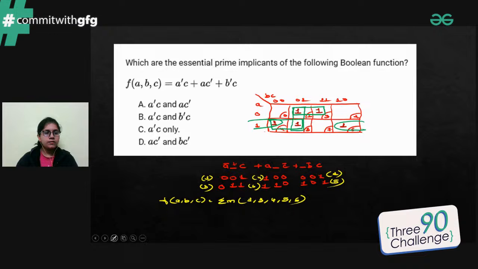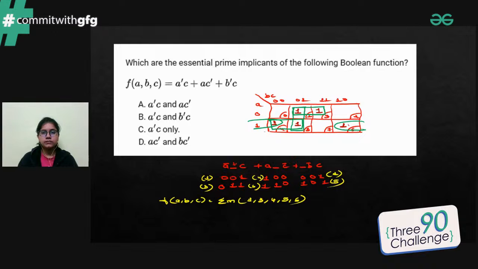Now we have to see the groups where at least one cell is not in more than one group. As you can see, this one is covered by many groups, but can you see that here this one is covered by a single group?